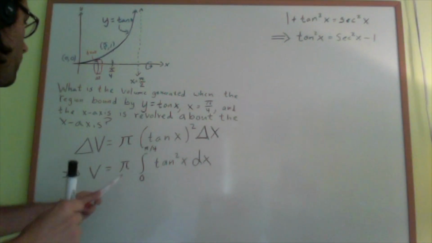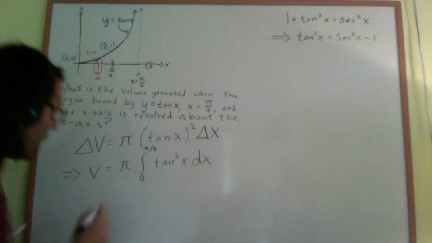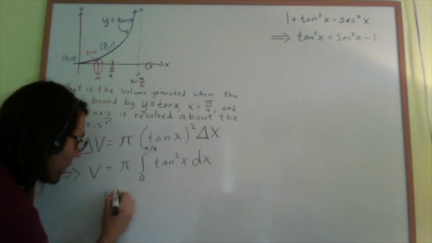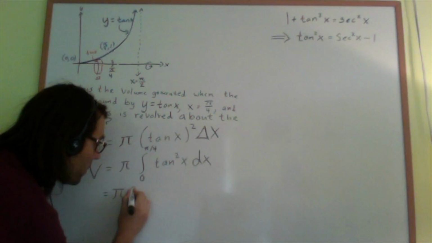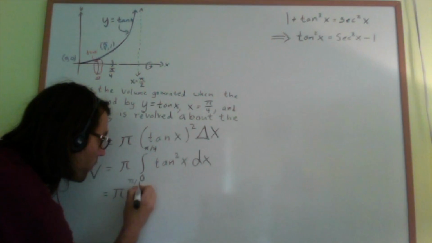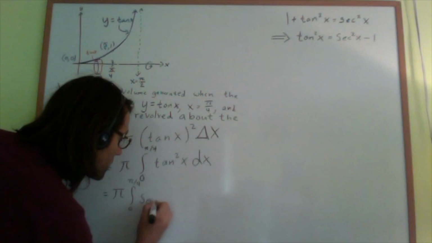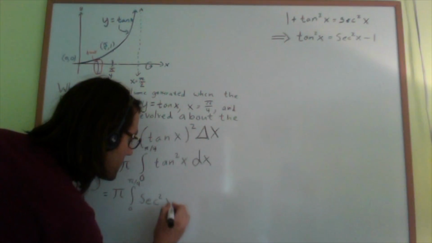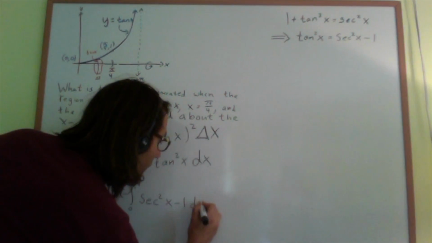Okay, so now we're going to use that here. We have that V is going to equal the integral from 0 to pi over 4 of secant squared x minus 1 dx.